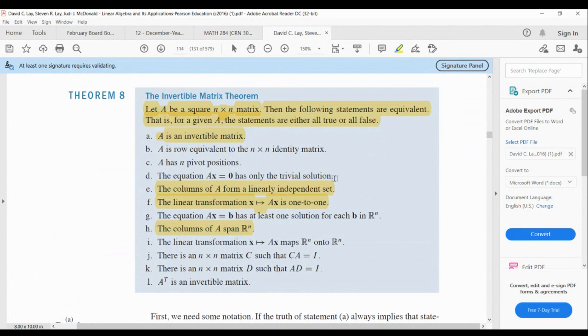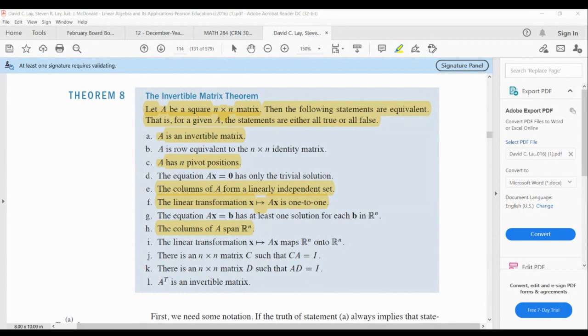I'm sorry, I don't know what's going on here, but we showed in part C that A has n pivot positions. We have 3 pivot positions for that 3 by 3 matrix, and therefore statement C implies statement A, that A is an invertible matrix.